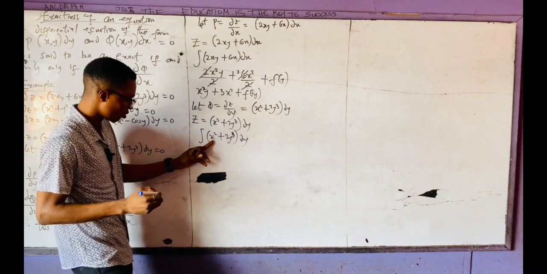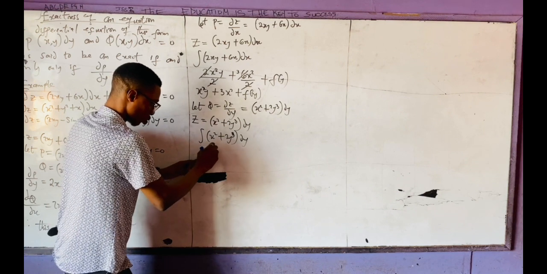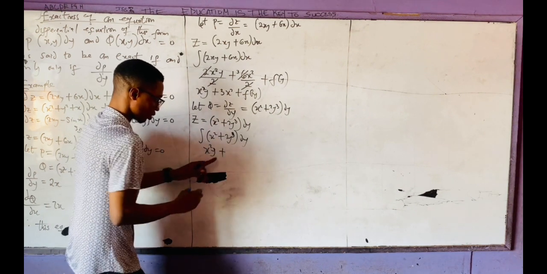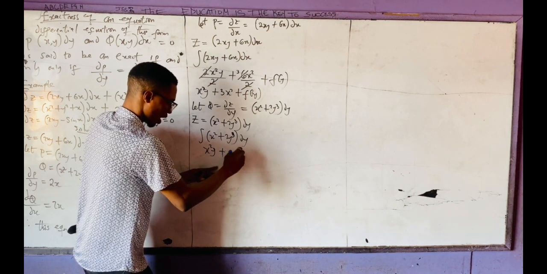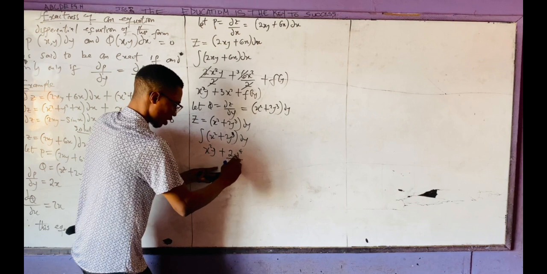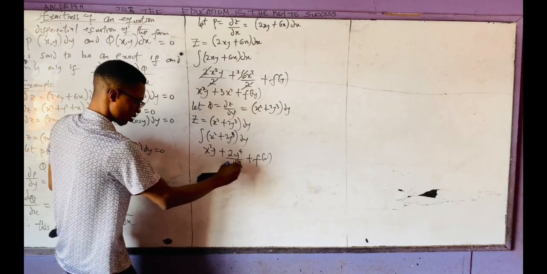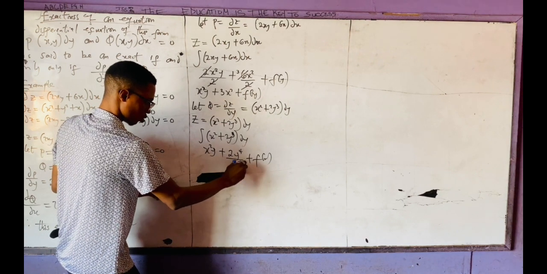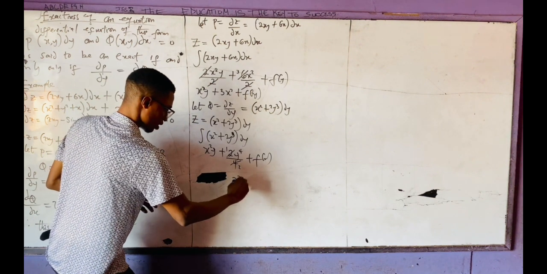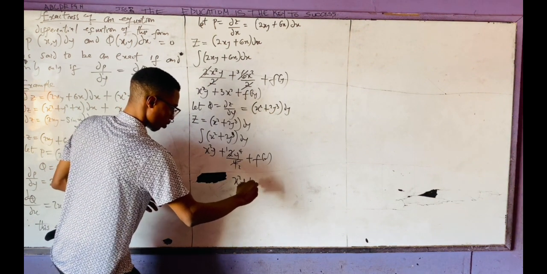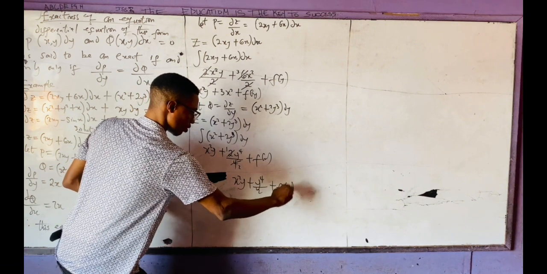If we integrate this as well, we must have one particular variable that must look the same. If I integrate this with respect to y, I'm going to have x squared y plus 2y to the power of 4 over 4 plus f of x. So we have x squared y plus y to the power of 4 over 2 plus f of x.